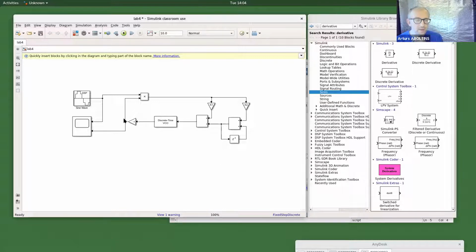So we go here, but we will put this derivative in the middle. And here we must just enter this gain value. Gain value is already written into our lab work description.